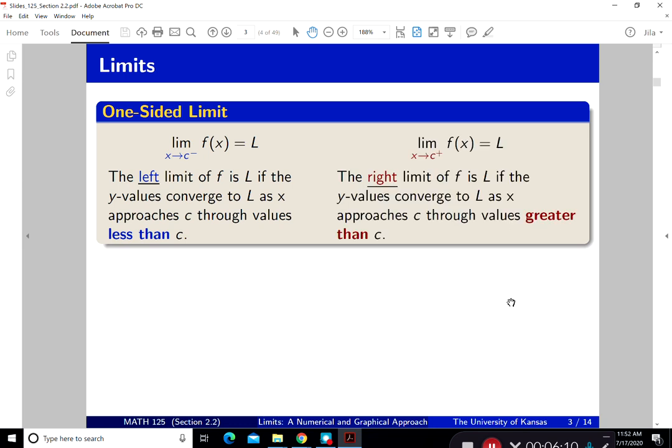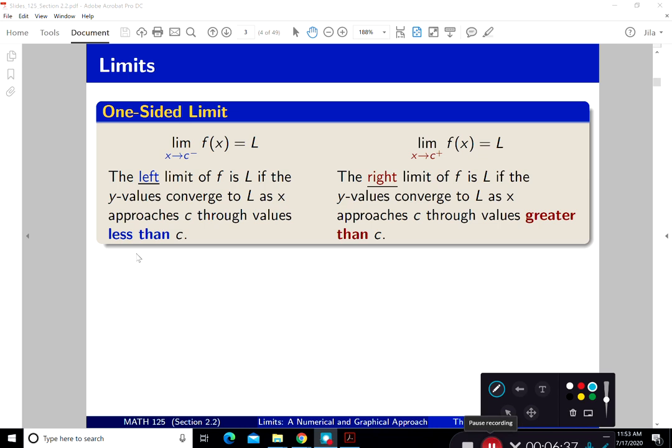What is the right limit? The right limit is, again, lim, x right arrow c with a plus on top, of f of x equal to L. And that is the right limit of f is L if the y values converge to L as x approaches c through values greater than c.